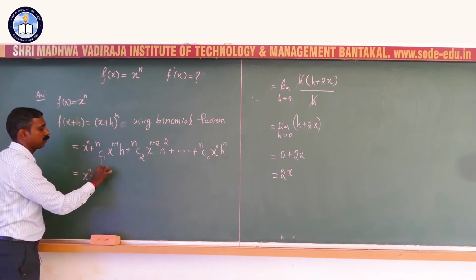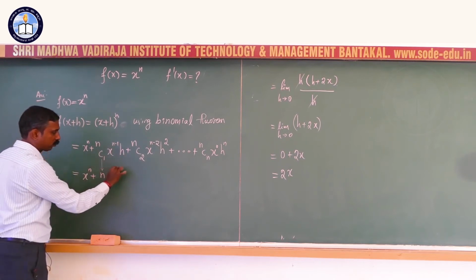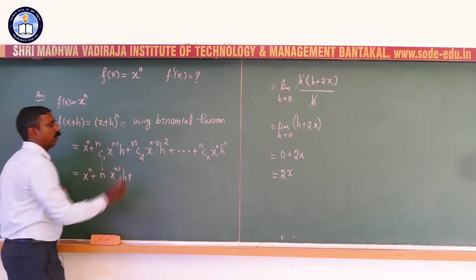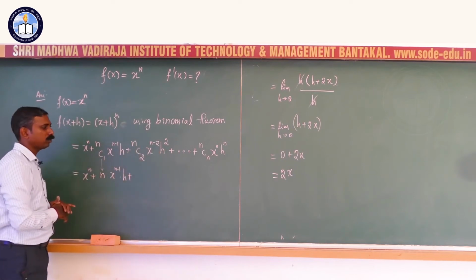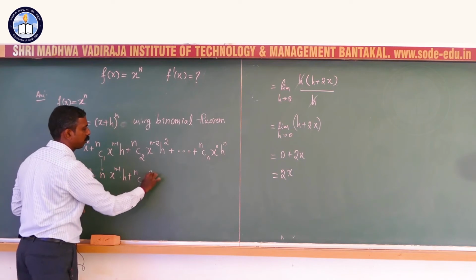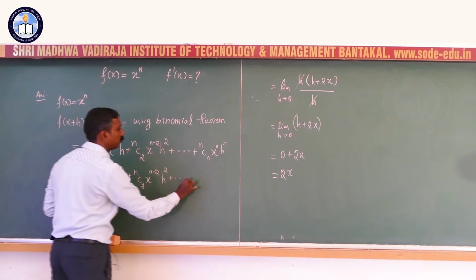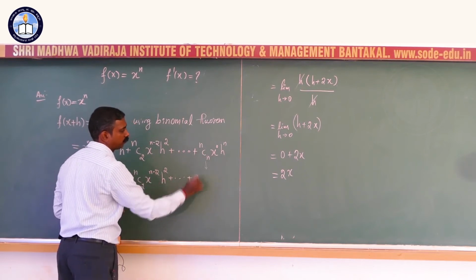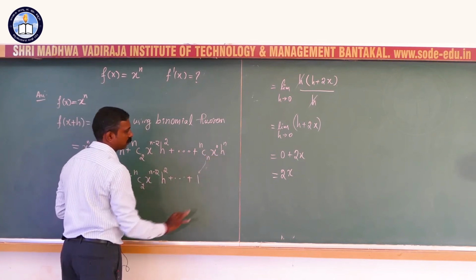So, nC1 equals n, then x power n minus 1 h plus, we can see that in all the terms this h is there. nC2 x power n minus 2 h square plus so on. nCn is 1, and x power 0 is also 1.